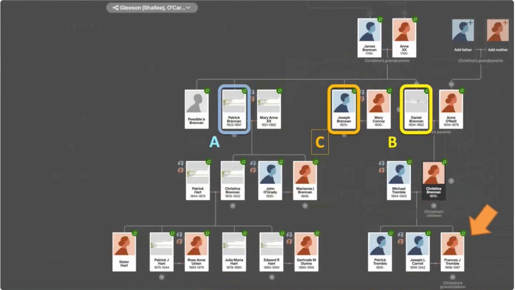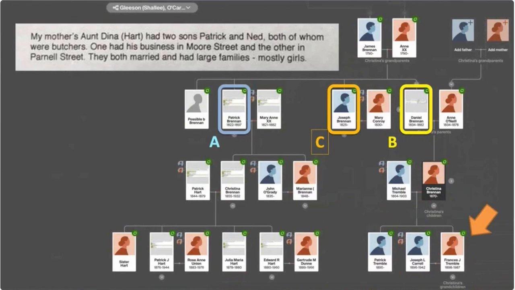And one of my matches was a granddaughter of this particular woman here, Frances Tremble. And this particular match, she said, my grandmother wrote down her recollections in 1949. And here they are. I don't know if you're going to find anything useful in them.